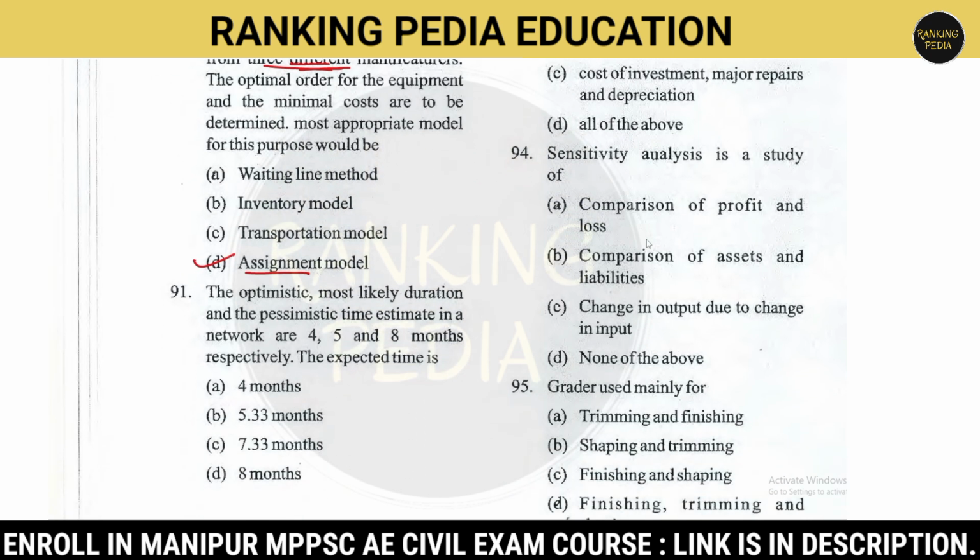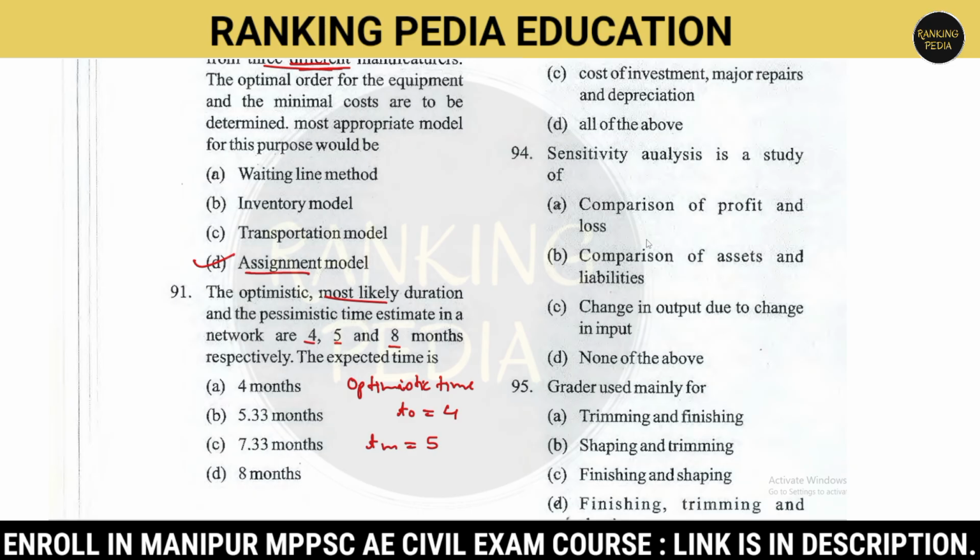Next question is question number 91. The optimistic, most likely and pessimistic time estimates of a network activity are 4, 5 and 8 months respectively. The expected time is: here you can see the times are mentioned. Your optimistic time is denoted by To, which is 4, and your most likely time, denoted by Tm, is 5.